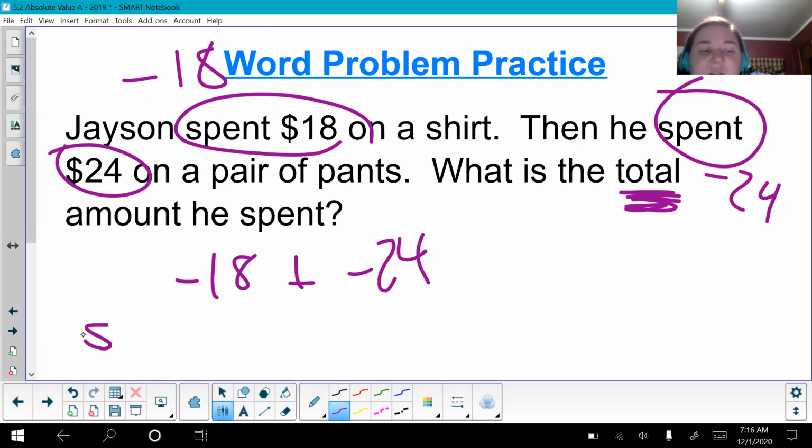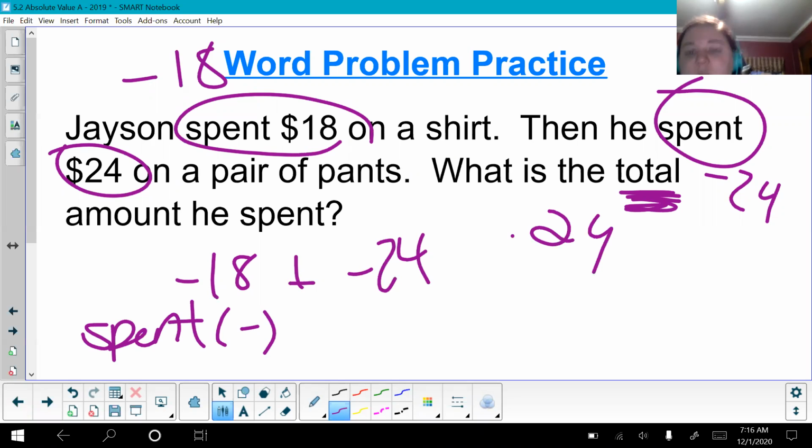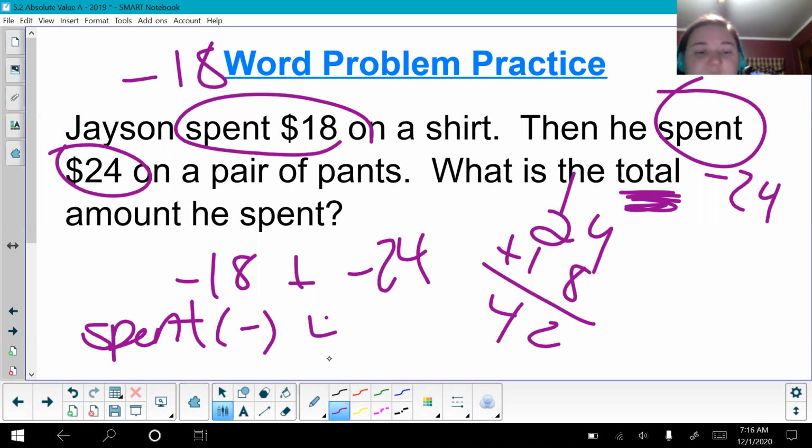He spent, meaning negative, right, in this case. But all we have to do is just add those, right? 24 plus 18 is 42. So he spent $42 in this case. Spent and spent, we just put together. So he spent, which is really a negative, but we just say spent $42.